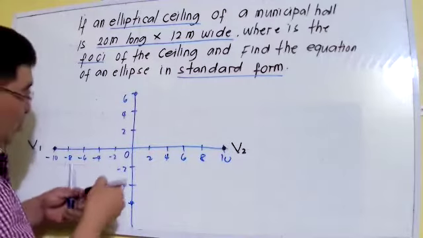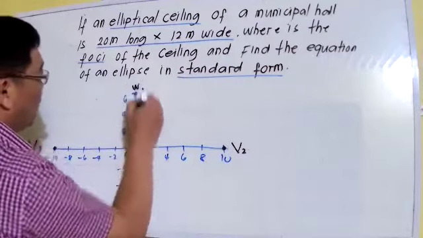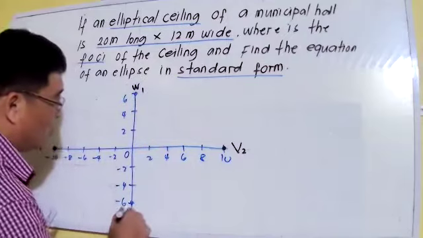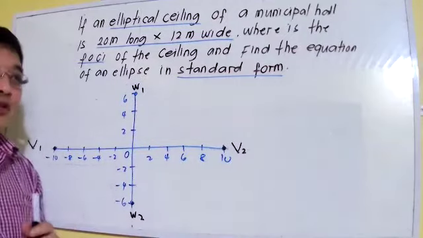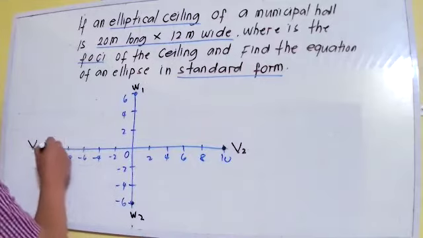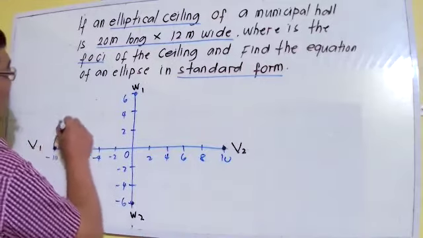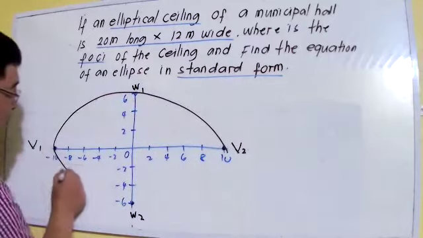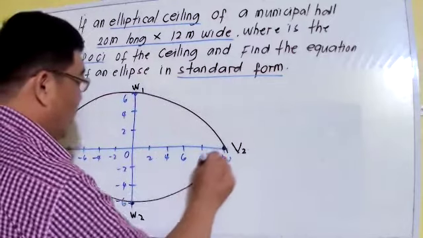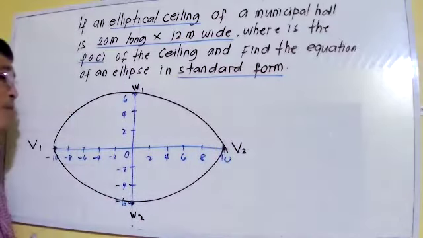So, it appears na ito yung co-vertices niya. Yung W1, pwedeng ito yung W2. And then if I'm going to connect all the points, it will create an ellipse.